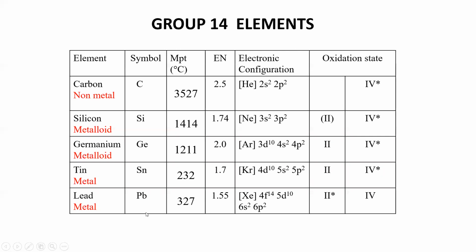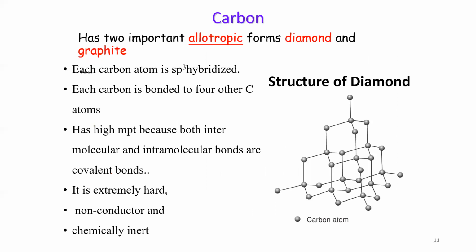So your lead will be more stable in the +2 oxidation state than the +4 oxidation state. This is what we call the inert pair effect, because of the presence of this d orbital. It's only common with transition elements that find themselves in between the p block elements.